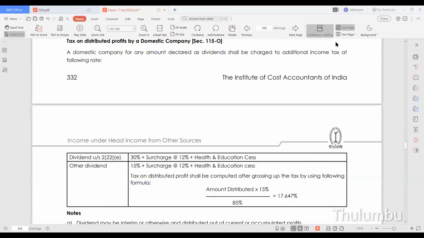So, dividend in case of other than deemed dividend: up to 10 lakhs no tax, above 10 lakhs 10%. Deemed dividend is exempt under 10(34). And similarly, if dividend is received from a foreign company, or by a cooperative society, it is taxable in the hands of the recipient.